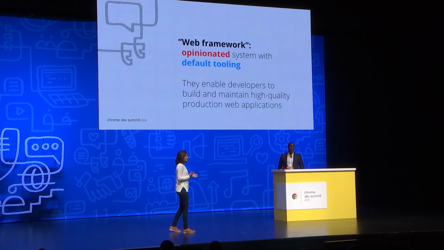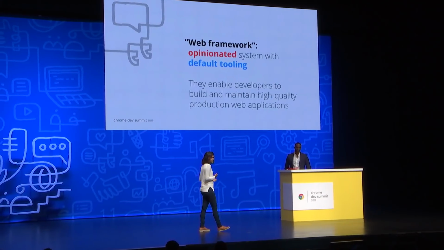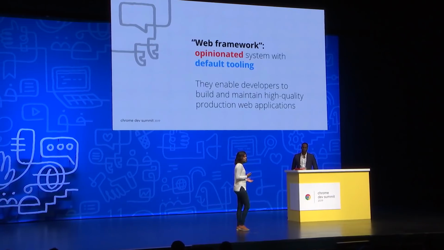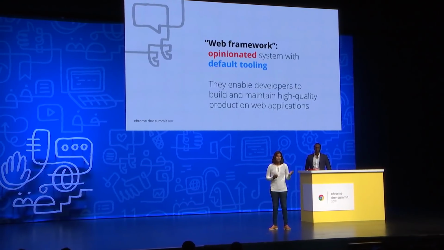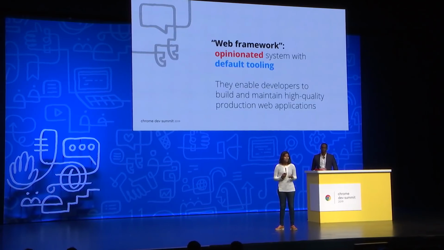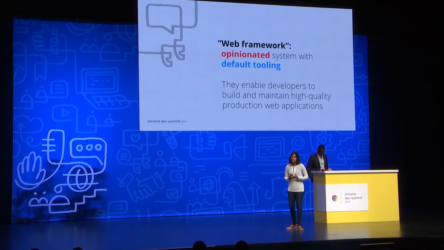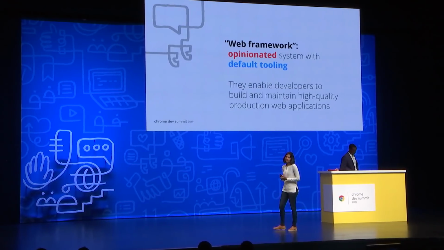It's an end-to-end system that controls every aspect from getting started, everyday development, through deployment. It's directly positioned to impact both UX and DX by controlling the server and the client, the build and the serve, the dev and the prod environments. And this is a core premise of our work in this space. Through these web frameworks, we want to enable developers to successfully build and maintain high-quality production apps.